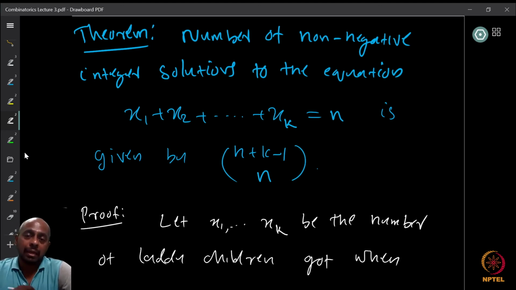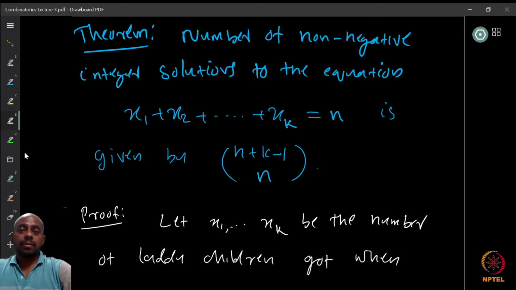But now for every solution to the weak composition, or the solution to the distribution where xi can be greater than or equal to 0, we have a solution where xi is greater than or equal to 1, or strictly greater than 0, because you just add 1 to each of the xi's, and on the right hand side, instead of n, you have n plus k, because we started with k additional laddus.